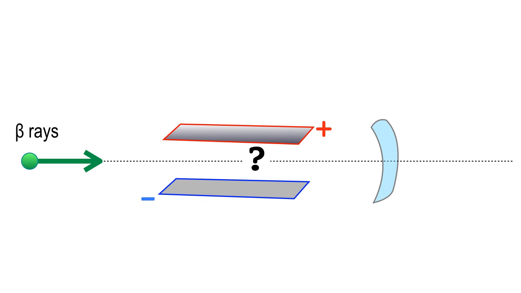If it's charged, the beta rays will either swing upwards or swing downwards. If the beta ray is a negative particle, it'll swing upwards toward the positive. If the beta ray is a positive particle, it'll swing down, away from the positive toward the negative.